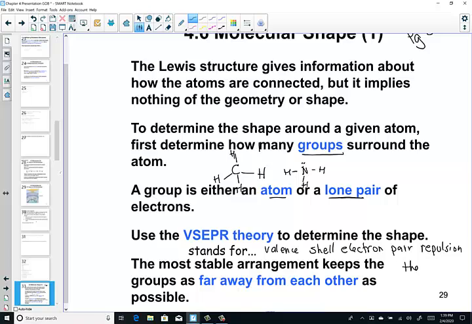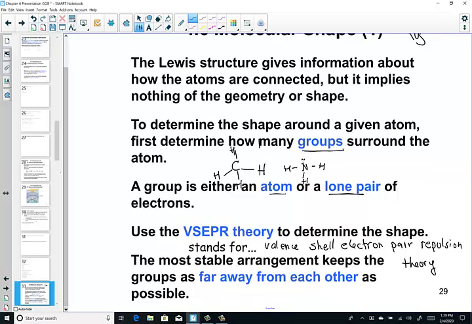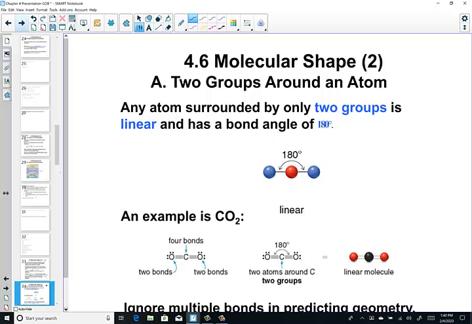What this tells us is we want to maximize the space around the central atom and give as much room to each attached atom, and especially room for each lone pair of electrons. The most stable arrangement keeps the attached groups as far away from each other as we possibly can. That's the goal as we consider molecular geometry using VSEPR theory.